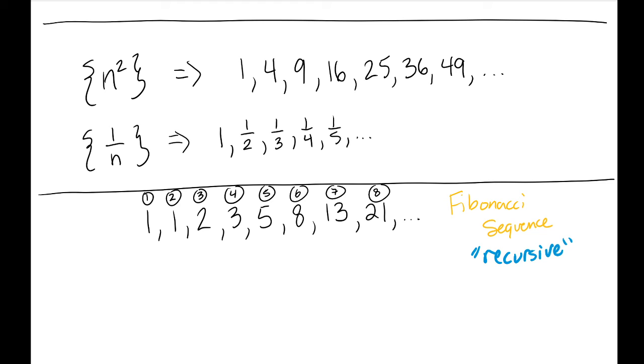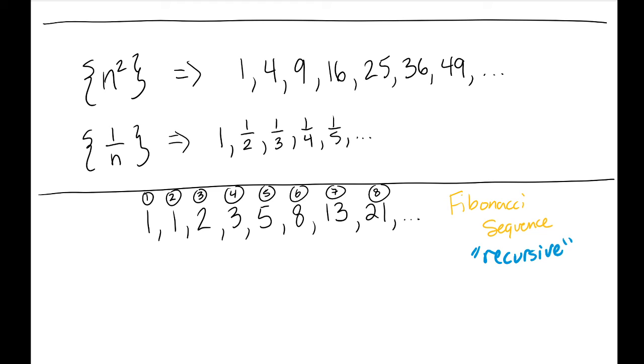So that's recursive, but because it references the previous terms, there's really no way for me to come up with an explicit formula. This is actually one where you would have to define it using function notation, or you would have to define it kind of self-referentially.